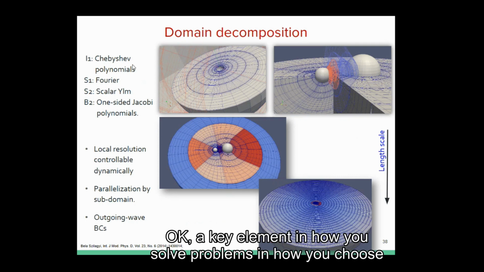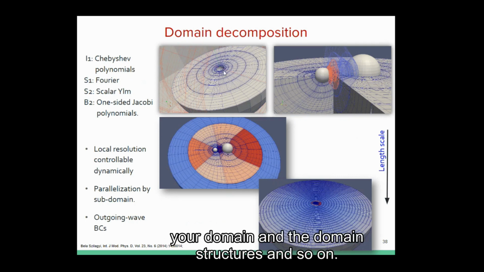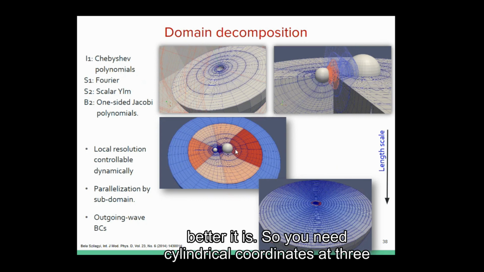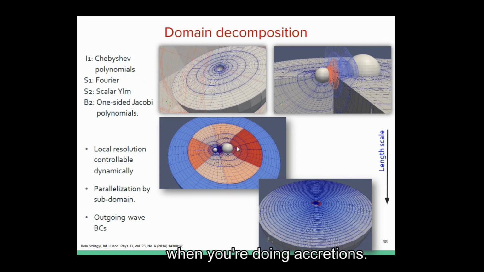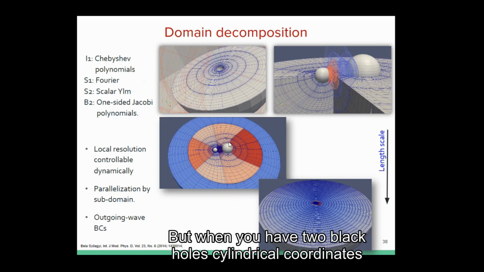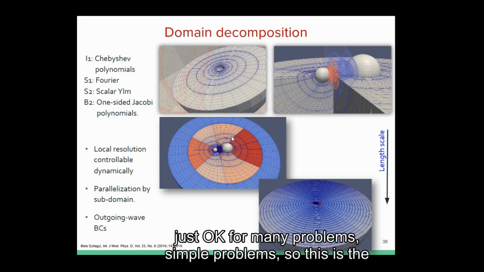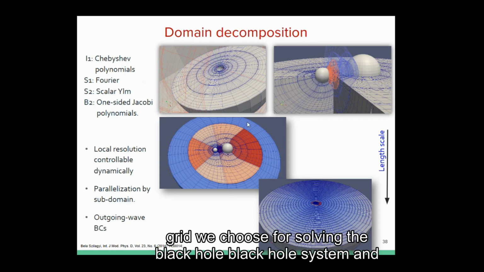Okay. A key element in how you solve problems is how you choose your domain and the domain structures. The more the shapes of your domain conform to your problem, the better it is. Cylindrical coordinates are great when you're doing accretions. But when you have two black holes, cylindrical coordinates will bring a lot of problems. Cartesian coordinates are just okay for simple problems. So this is the grid we choose for solving the black hole system.